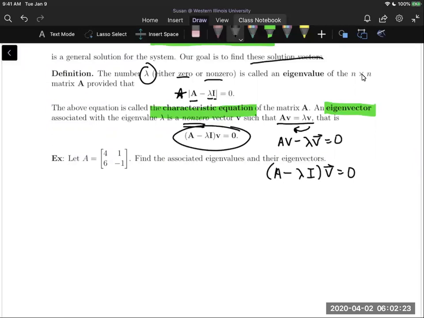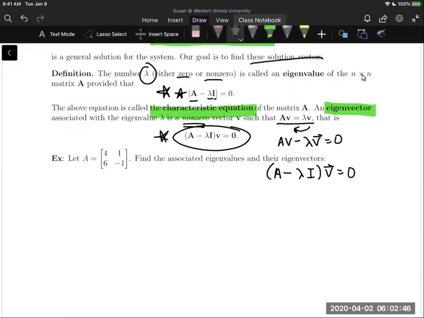So more often than not, we're going to use this rendition, which is very similar to this equation up here. But the goal here is to solve for both the eigenvalue and then the associated eigenvector. So far, we're not even talking about how this relates to differential equations. We're purely discovering some concepts that would be covered in a linear algebra class.